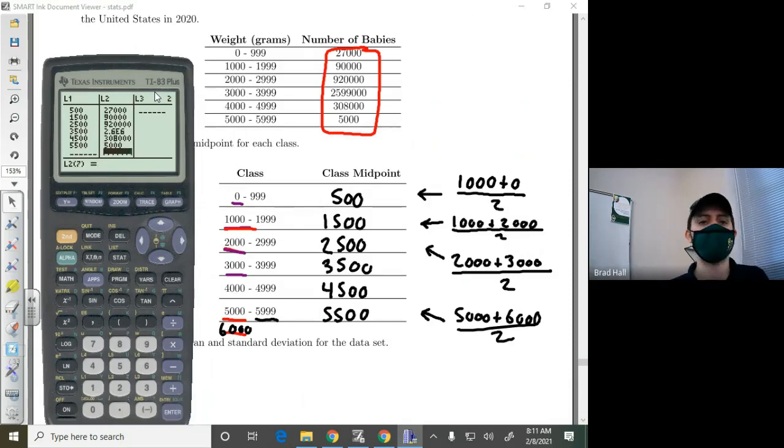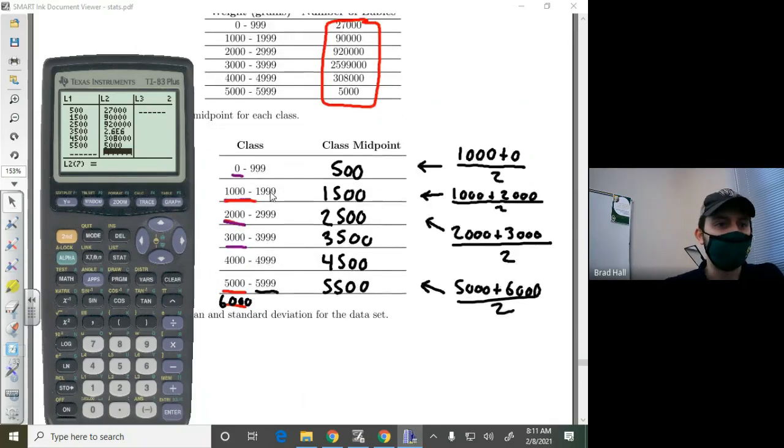And as you would imagine, you want these lists to be the same size. The class midpoints are basically averaging the groups, and with that, they're going to have corresponding frequency values. So far you should have list 1 and list 2 filled out by now.